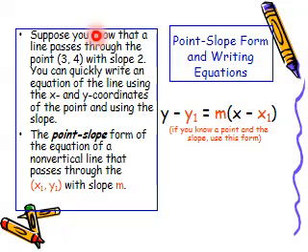Just any point on the line. So let's start up here where my highlighter is. Suppose you know that a line passes through the point (3, 4) and has a slope of 2. We can quickly write an equation of the line using the x and y coordinates of the point and the slope.